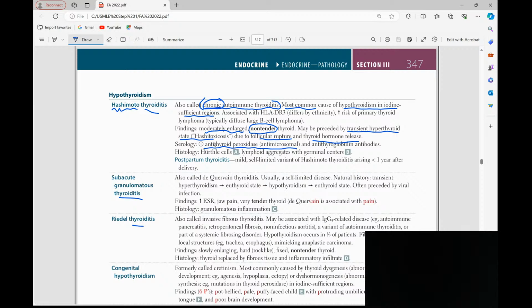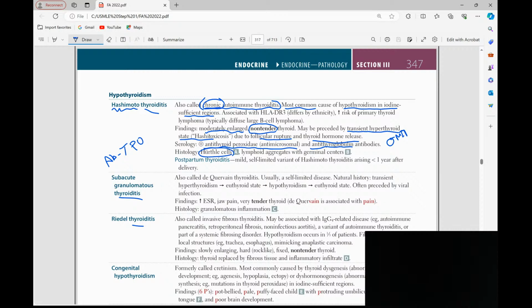We have seen that TPO is the basic enzyme necessary for organification and the coupling reaction. So when there are antibodies to this enzyme, or anti-thyroglobulin antibodies, which bind with MIT-DIT, due to these two things Hashimoto thyroiditis is occurring, and this is very, very important.